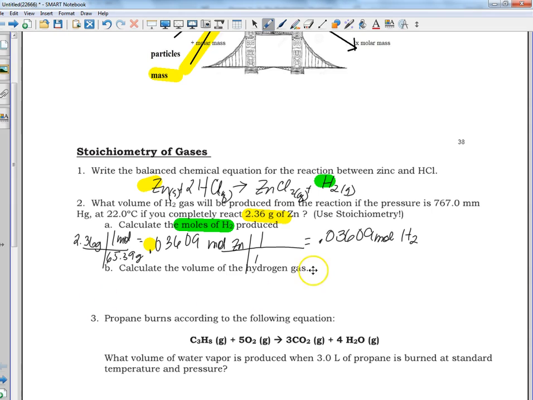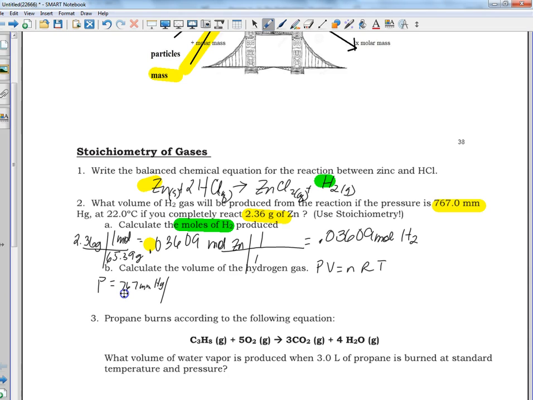To find volume of hydrogen gas, we're going to use the ideal gas law, PV equals nRT. The pressure in this case was given at 767 millimeters of mercury. So P equals 767 millimeters of mercury.